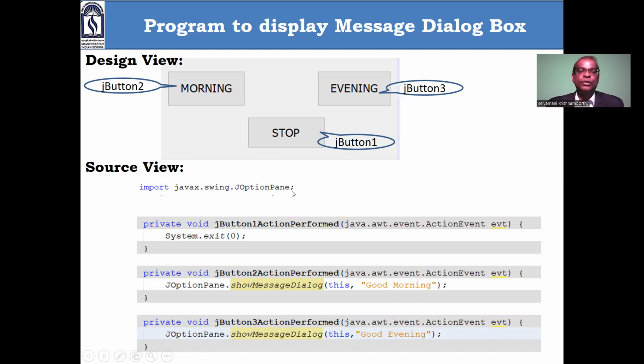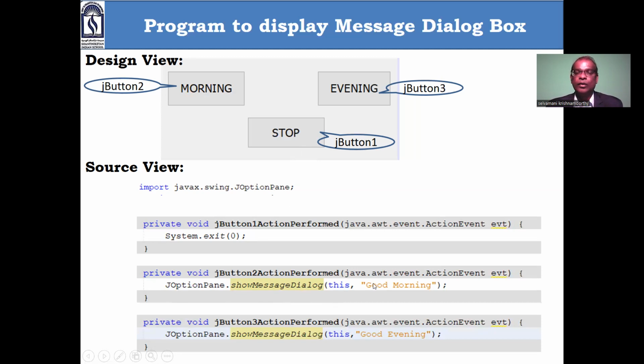First one, this is jButton1. jButton1 should have System.exit(0). This we already studied in lesson number 1. That will close the current working form. Good. Second button, jButton2, should have the code JOptionPane.showMessageDialog. JOptionPane is a class. showMessageDialog is a method.